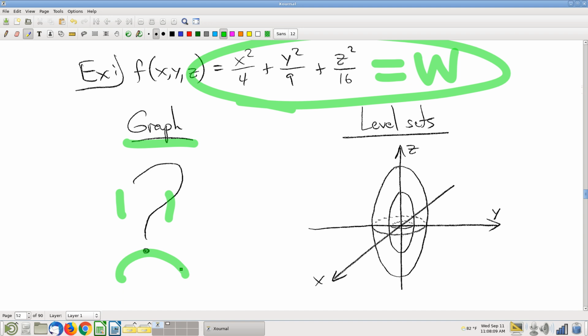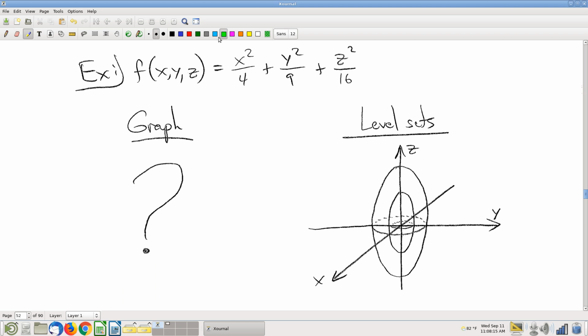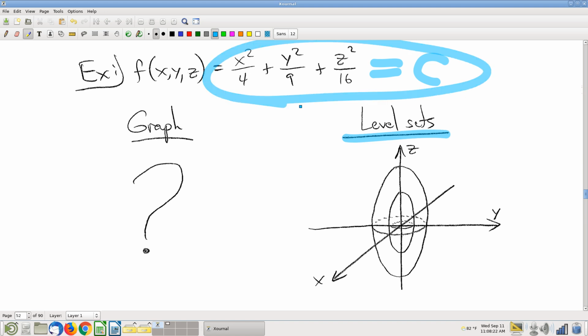So this graph construction has a lot of flaws, whereas for this same function, if you want to draw the level sets, they come from setting it equal to a constant. This equation has 3 variables, and yeah, they're kind of hard to draw, and there are disadvantages of these pictures.